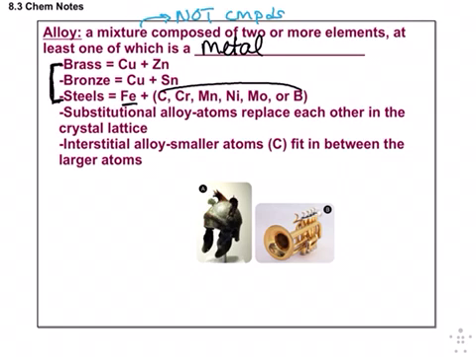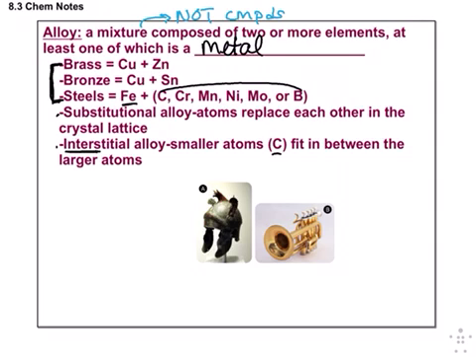There are 2 types of alloys, or kind of subcategories, the substitutional alloys and the interstitial alloys. Substitutional alloys have atoms that will replace each other in the crystal lattice, and then interstitial alloy atoms are where smaller atoms such as carbon will fit between the larger metal atoms.